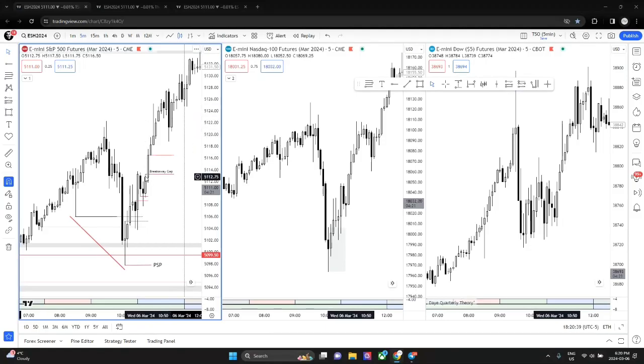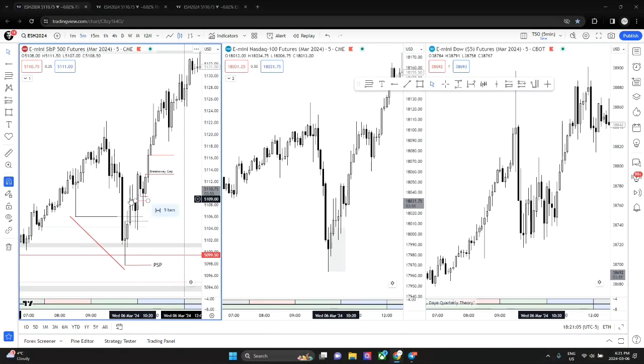So right here, you can see this is a breakaway gap. And when do breakaway gaps form? Breakaway gaps form, most times, after a fair value gap gets filled to the brim. So when a fair value gap is completely filled, you usually have explosive price action afterwards.